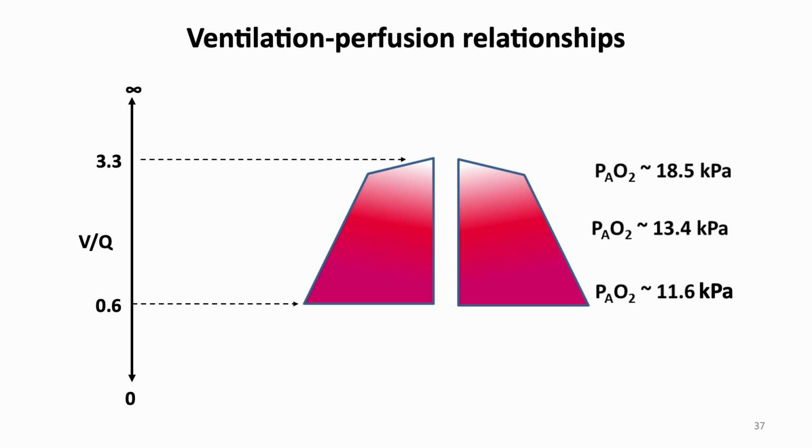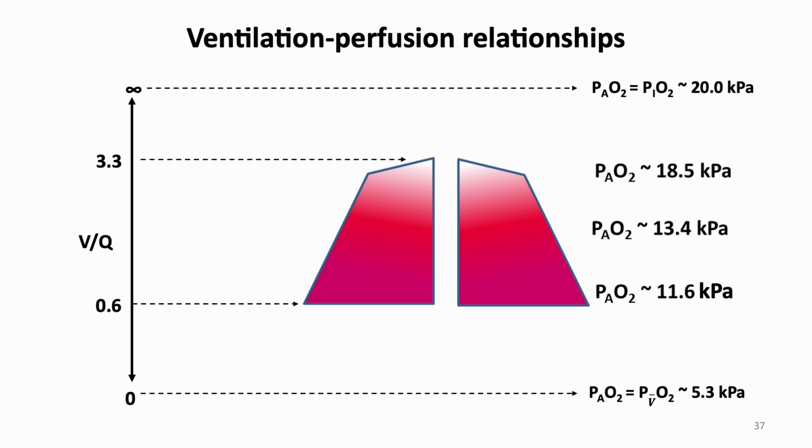This may be somewhat difficult to grasp, but let's imagine what happens if you go to the extremes. If you have an infinite VQ ratio, that is a ventilated area with no perfusion, what would happen with the air in that area? Well, the air would only be affected by the inspired oxygen tension and thus be around 20 kilopascals.